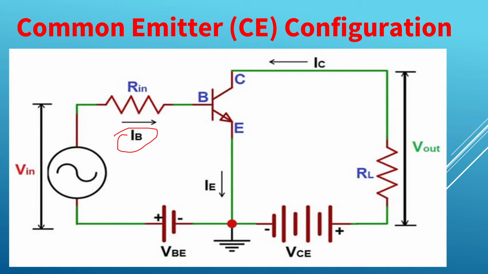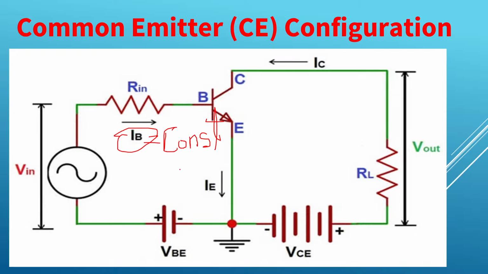This is our base current IB. I am assuming it as constant.